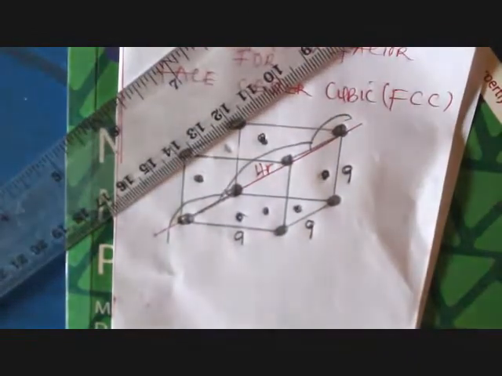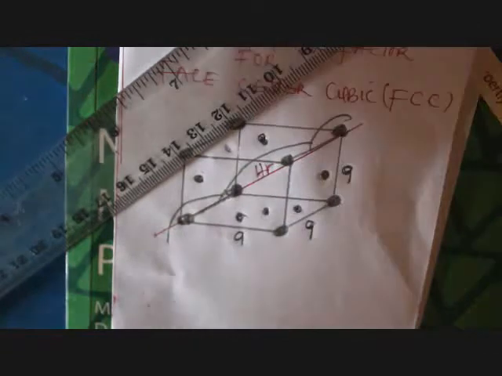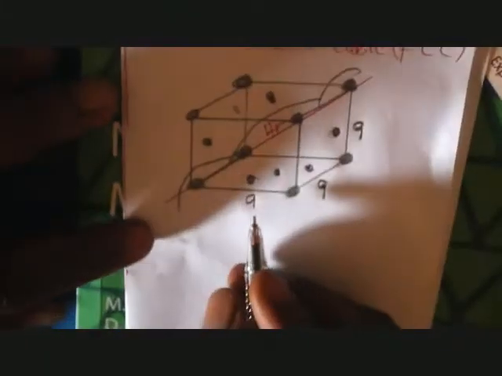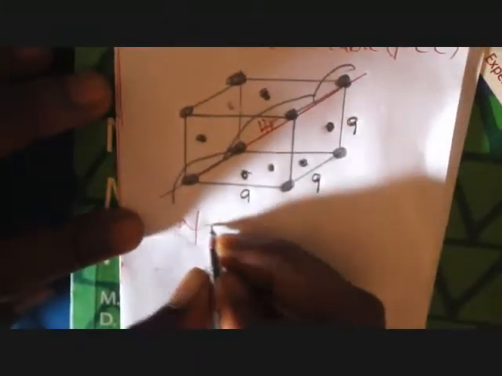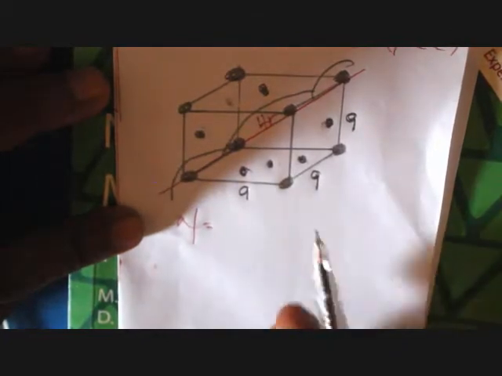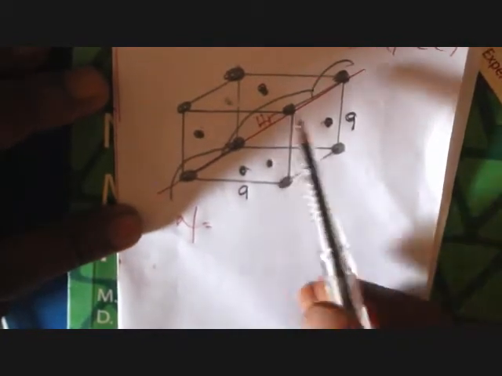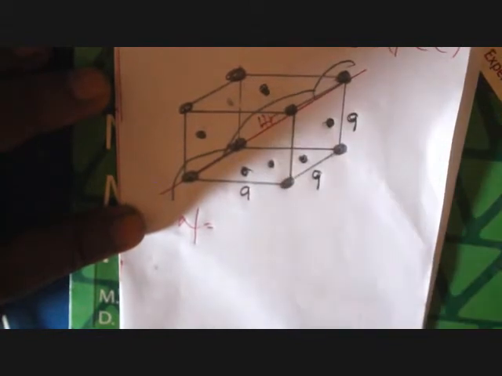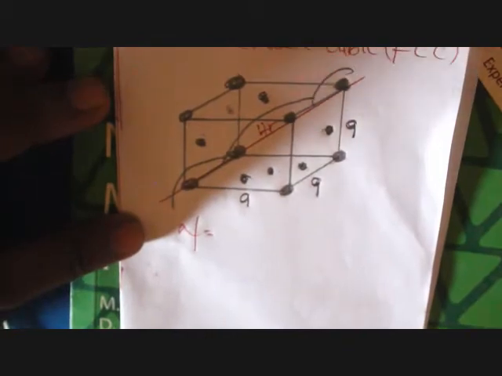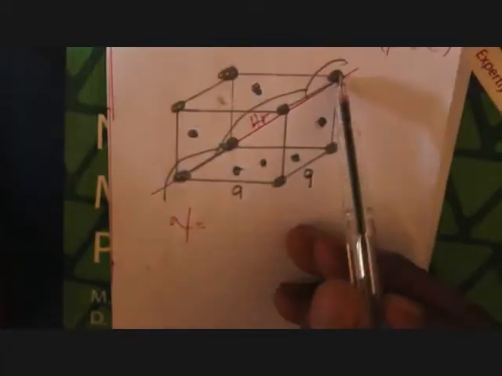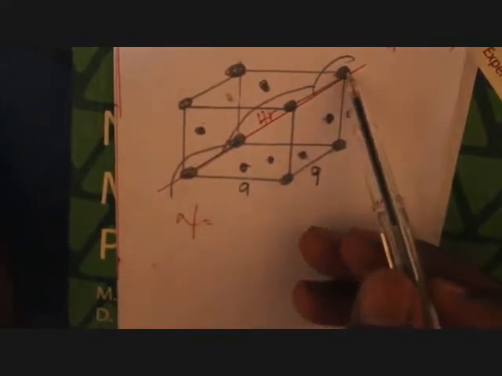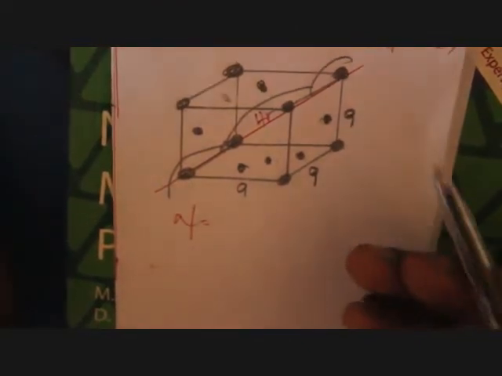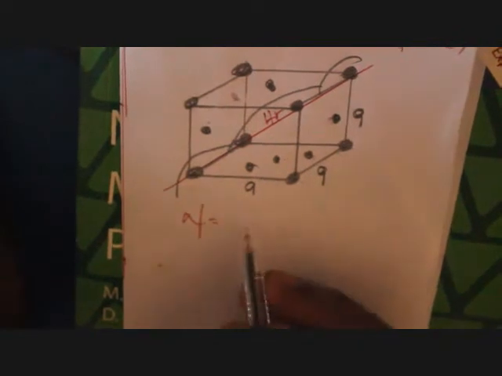Okay, so to find our N, we can now say N is equal to, for the faces it is 6, and each one of them contributes 1/2. For the atoms at the corner of the cube it's 8, and each one of them contributes 1/8.